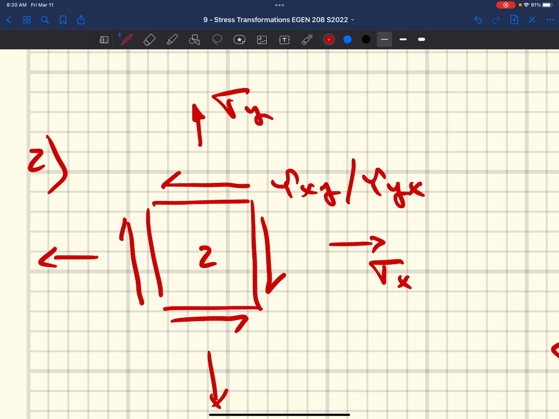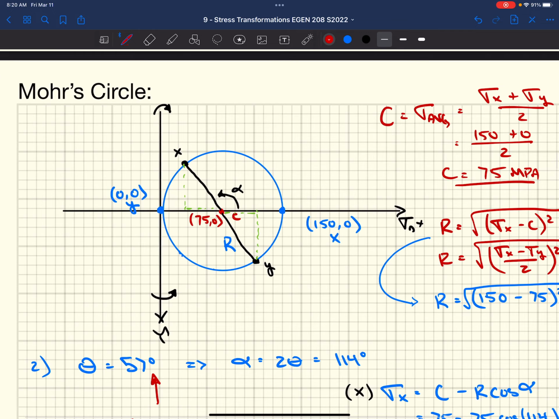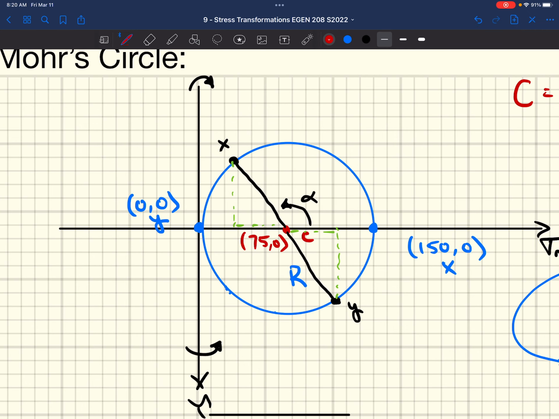When we use Mohr's circle, the way we figure out the direction is based on the coordinates on our Mohr's circle: our y-axis, our shear stress, is positive in the downward direction, okay? And the downward direction for our shear stress axis is counterclockwise. So any point that's down here is going to try and spin our block counterclockwise. Any point that we have up here is going to try and spin our block clockwise. Okay? So that's how you establish the directions.